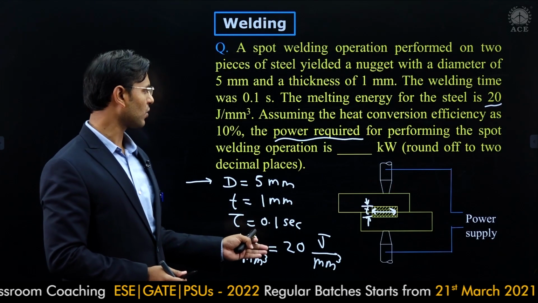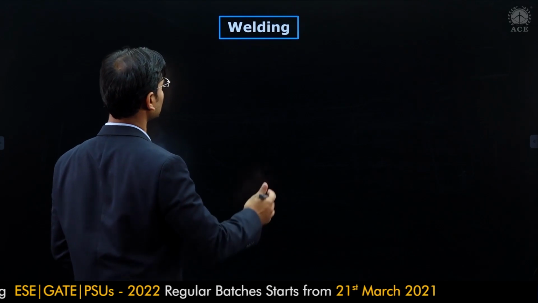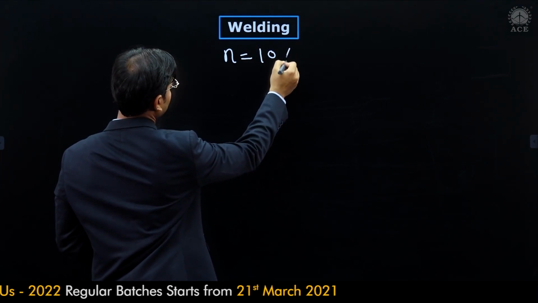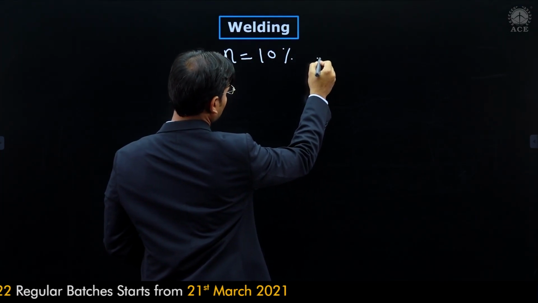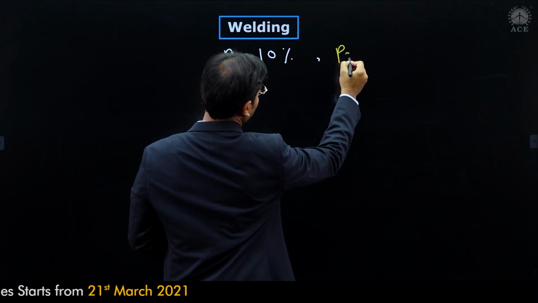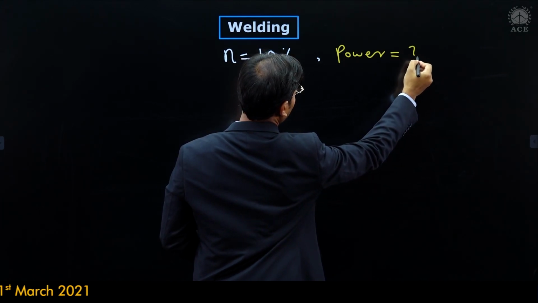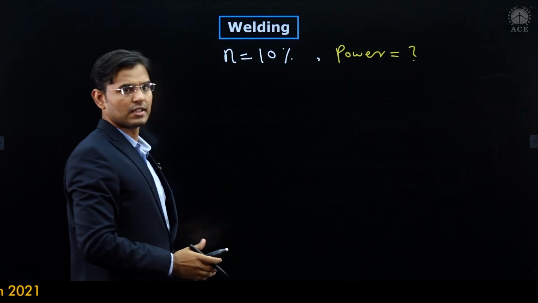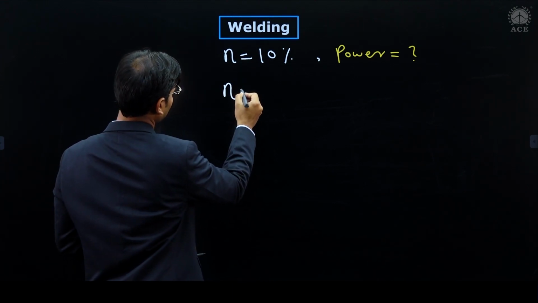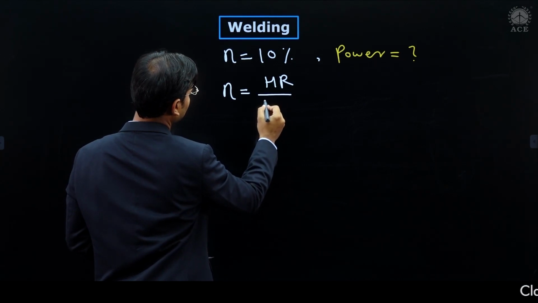Just see here, we have to calculate the power. I am writing here the heat transfer efficiency, that is 10%, and we have to calculate power in kilowatt, right? Let me write the formula for efficiency. The efficiency is equal to heat required divided by heat generated.